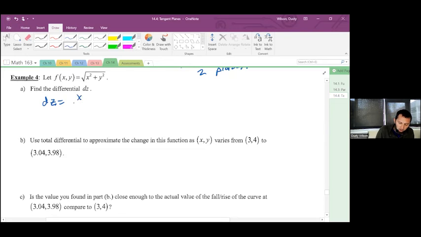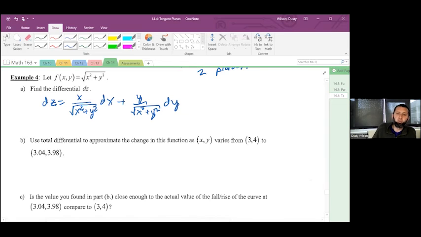So that will end up being x over the square root of x squared plus y squared times our dx plus y over the square root of x squared plus y squared times dy. Notice these are all d's, not partials.